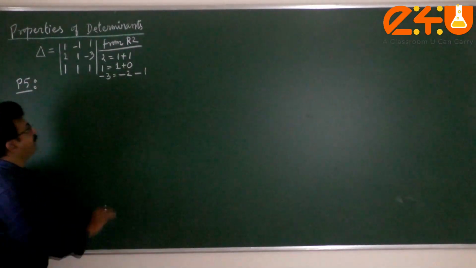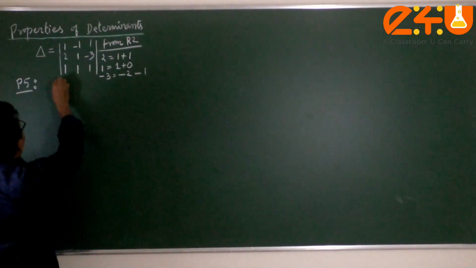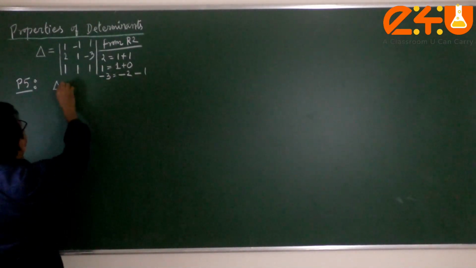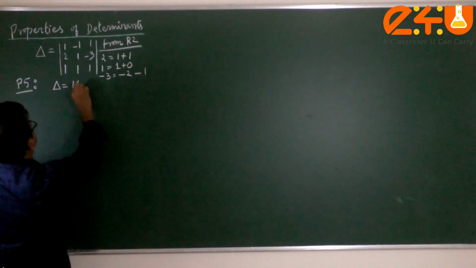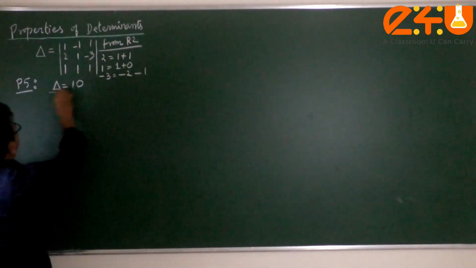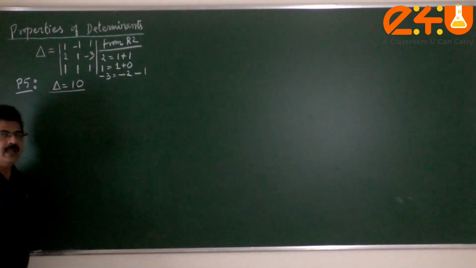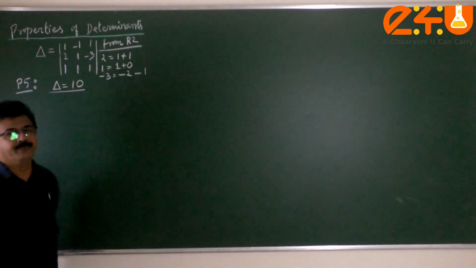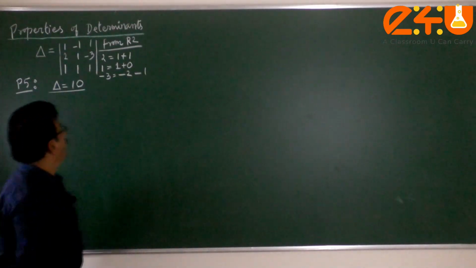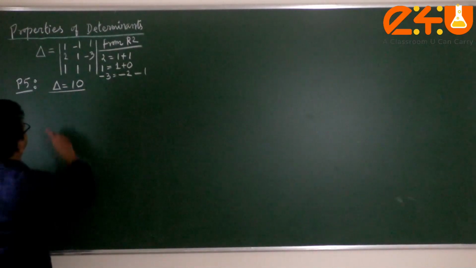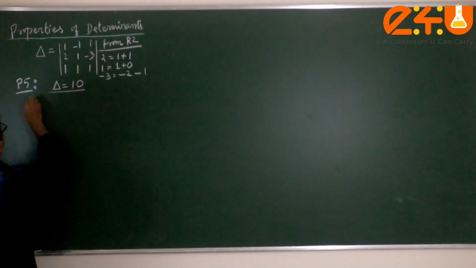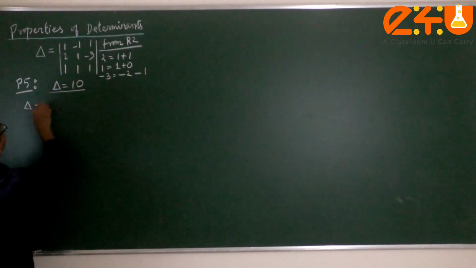Before that, let me tell you what this determinant is equal to. That is 10. Students can verify, and I am continuing from the memory of the previous session. Okay, so delta is 10, but I am going to now work out the delta like this.